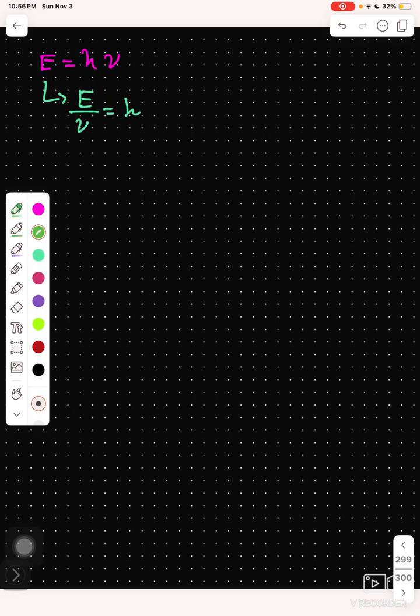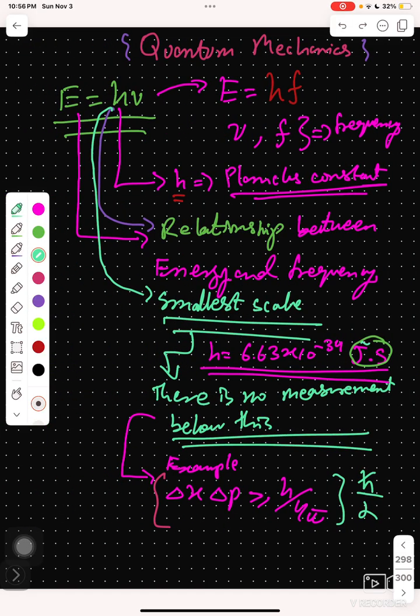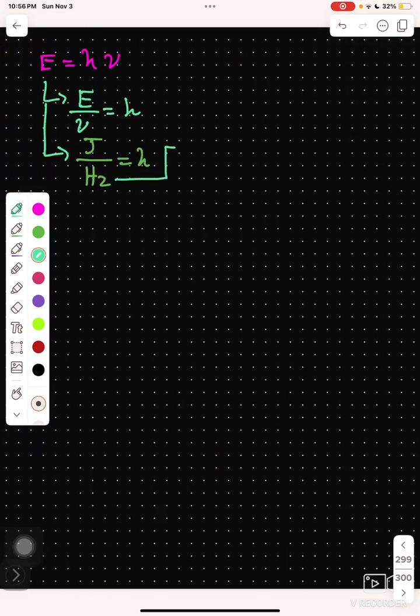E is energy, in joules, over v, frequency, in hertz, equals h. So then let's expand frequency. What is frequency?